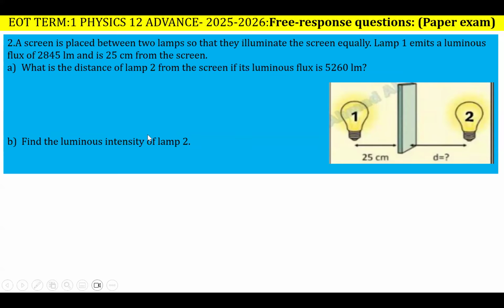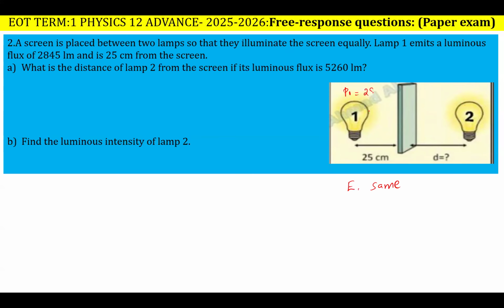Okay, so a screen is placed between two lamps so that they illuminate the screen equally. So they said that the illuminance produced by this one and this one is the same. So here we can say that E is the same. Lamp 1 emits a luminous flux of 2845. So basically we can say this is P1.